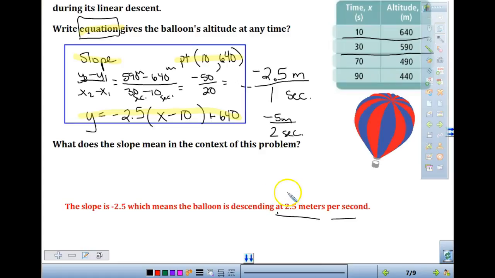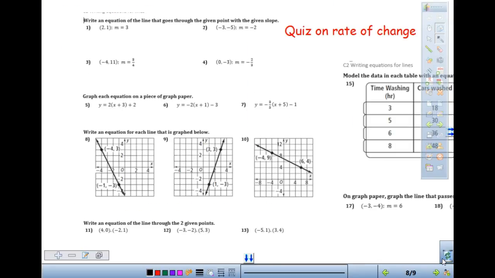Again, I would have taken descending 5 meters per 2 seconds also. But usually when we get to our slope, we want it as a unit rate, so we want it over 1. Okay. Oh yeah, over 2 seconds. Good for catching. Okay. All right.